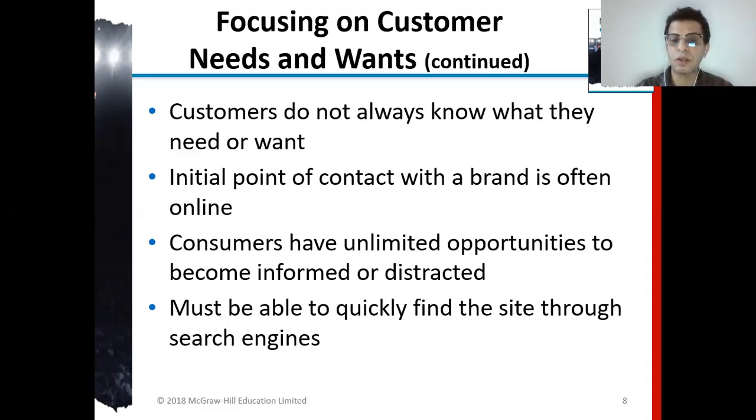The initial point of contact with the brand often happens online, and consumers have unlimited opportunity to become informed or distracted. What is meant by that? Unlimited opportunity. You may be opening your mobile and find a commercial or a message there.